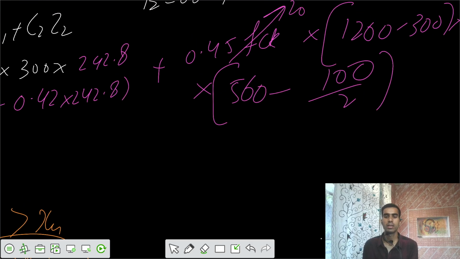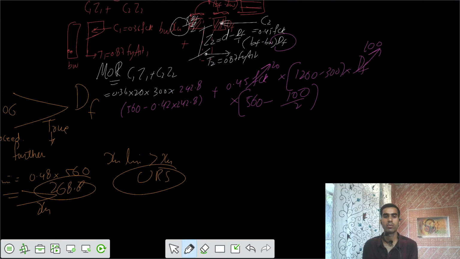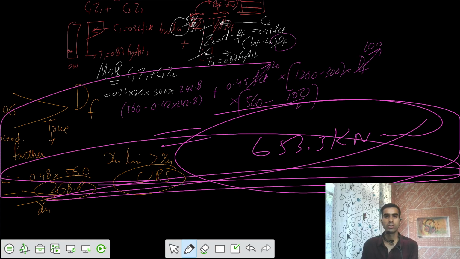Finally, this is your solution for the problem, and the moment of resistance equals 653.31 kilonewton meters. So this is the end of all those solutions.